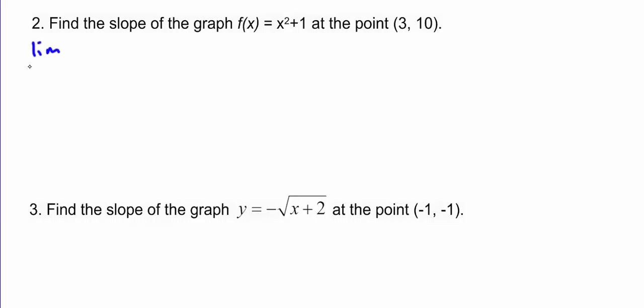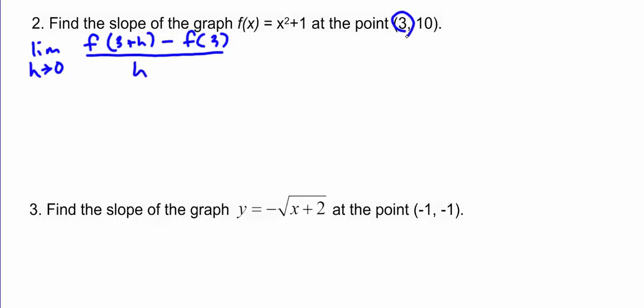It's the limit as h approaches 0 of, in this case, instead of f of x plus h, we know that x is 3, so we're going to say f of 3 plus h minus f of 3 over h. Again, that comes from knowing we're using the point (3, 10), so we're calling that point right there x.